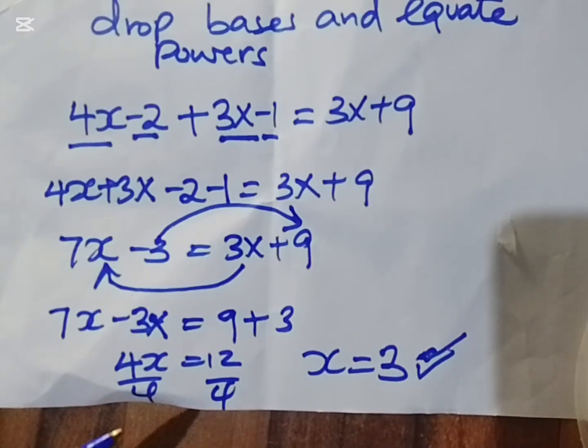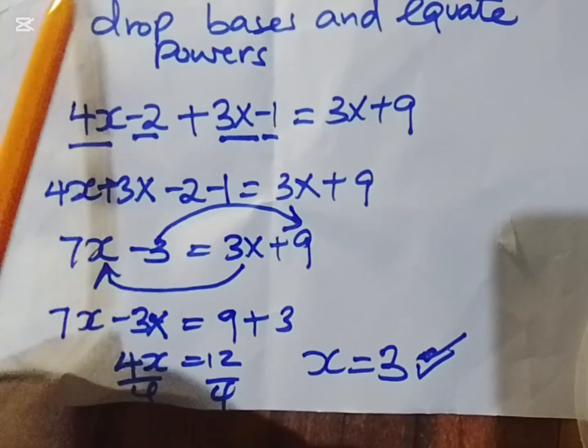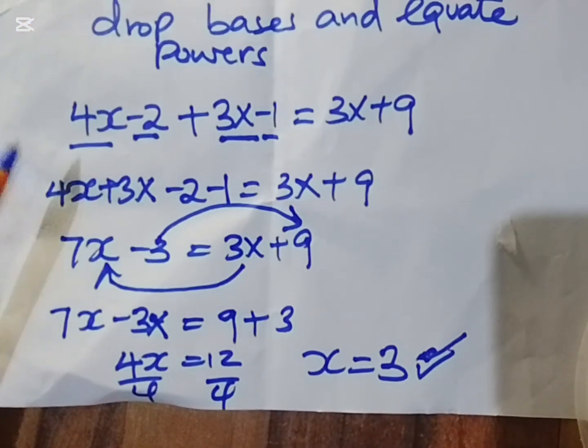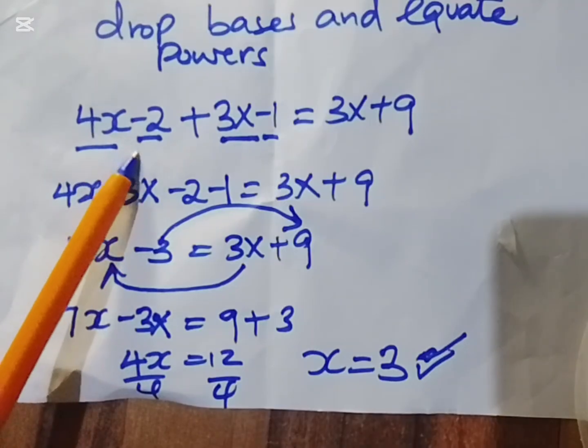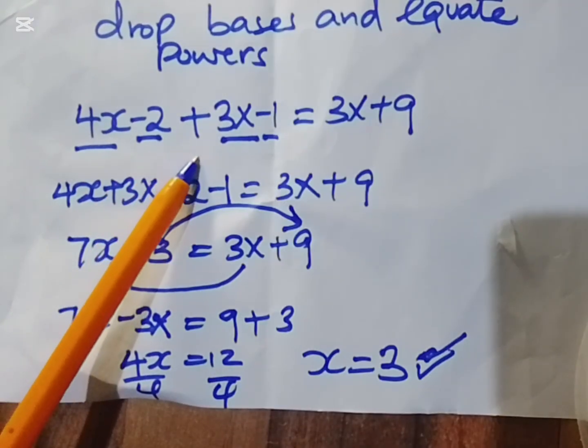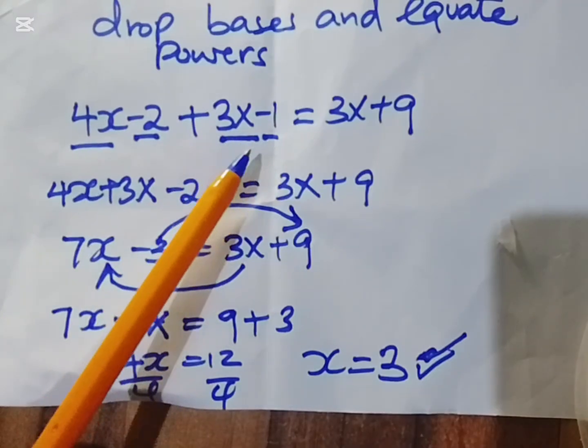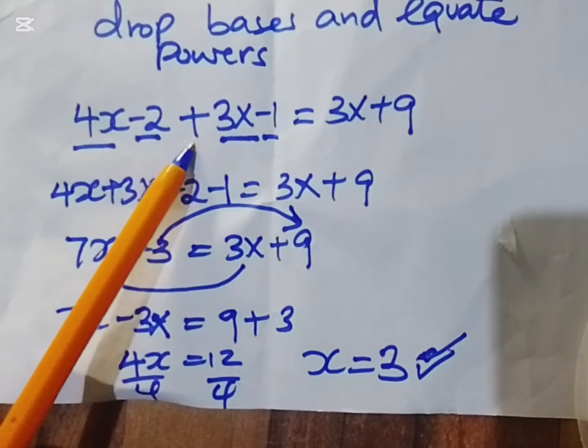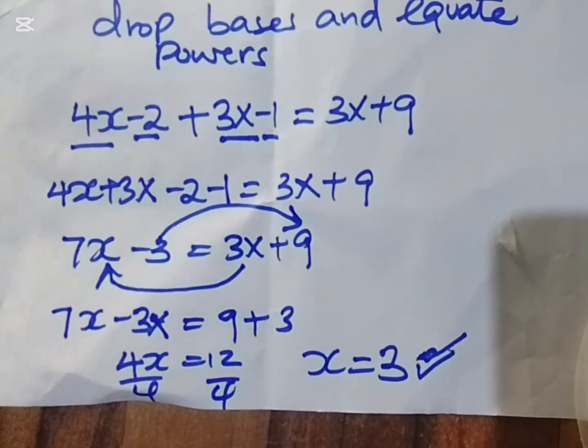So here, the first power was 4x minus 2. Then we are going to say plus 3x minus 1. Why are we saying plus? Initially it was multiplication.